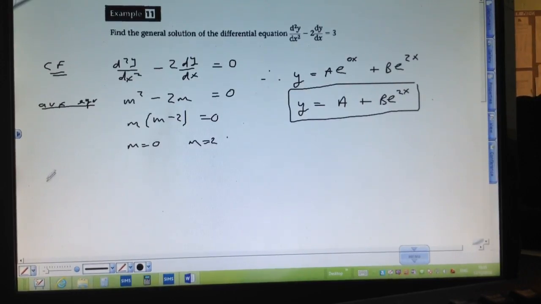Right, so now you've got the particular integral, and we're going to try, if f of x is 3, what do you try if it's 3? Just lambda. So we're going to try y equals lambda. Differentiate it, well y dash is 0 and y dash dash is also 0. So you end up with basically 0.